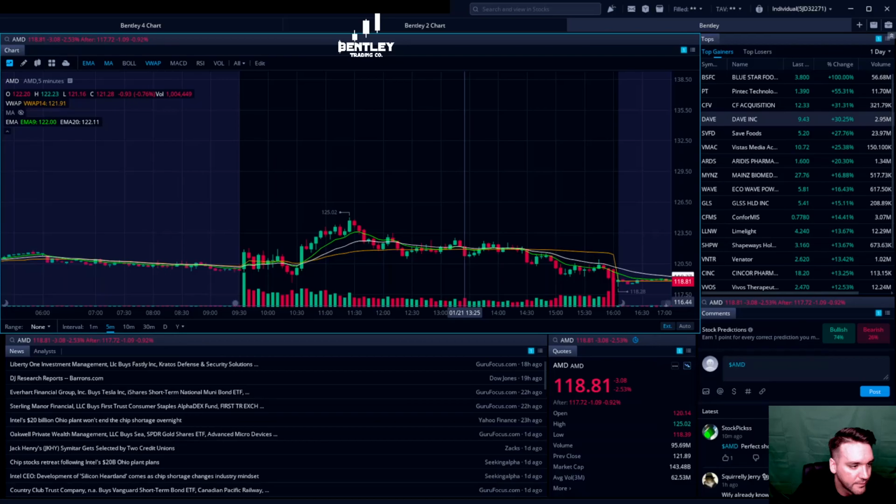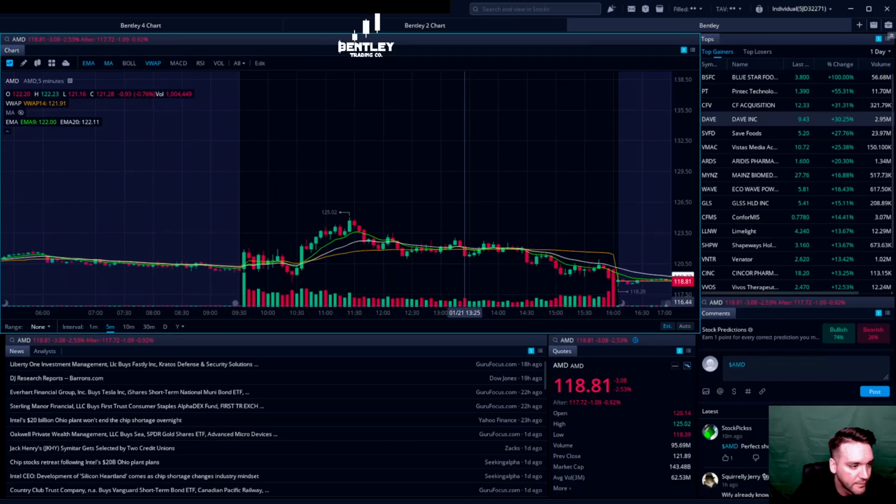Right here. That would have been my entry. So I would have bought right here and held through this, and then I would have sold over in this area. I would have made from 122 over here until 123. So I made $1 a share on that one. But I don't trade large cap stocks, so this is not something I would have traded.